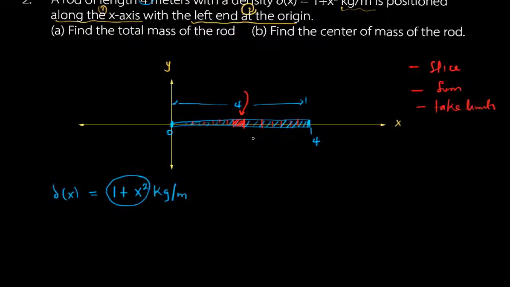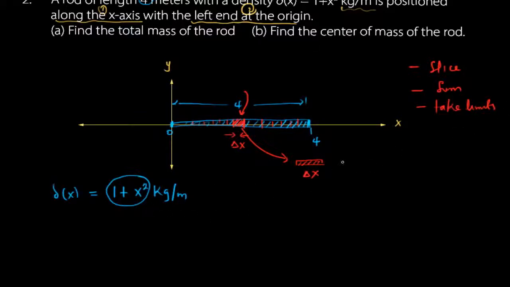So when we bring this out, let's assume the length of the slice is delta x. What you're going to have is something like this. This is our slice that has length delta x.